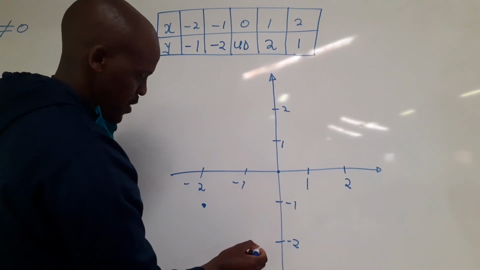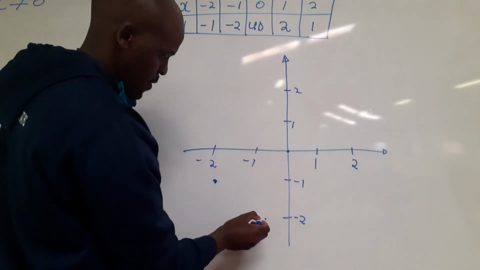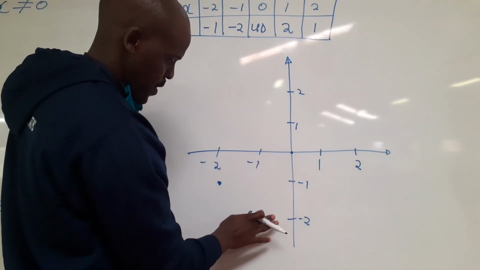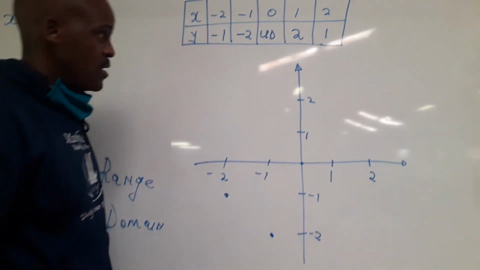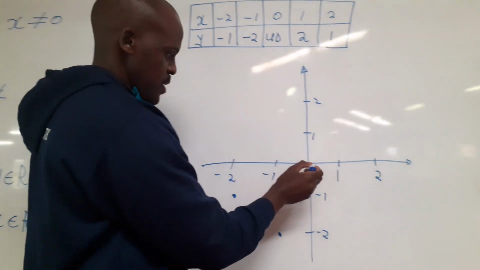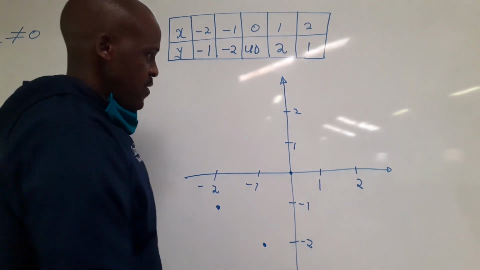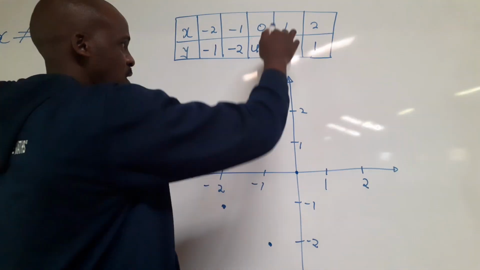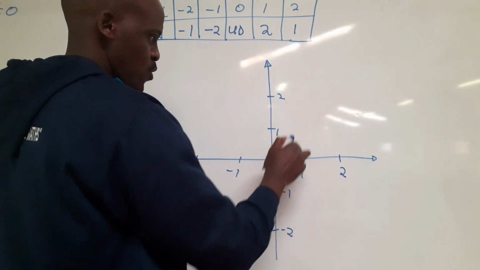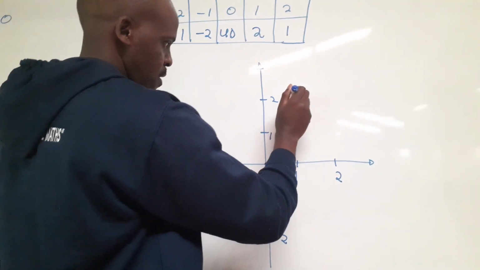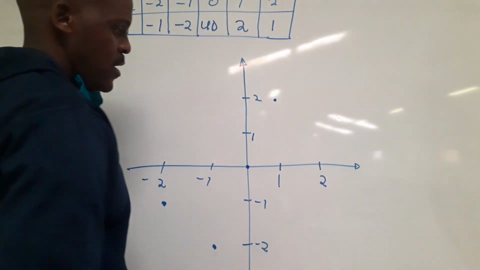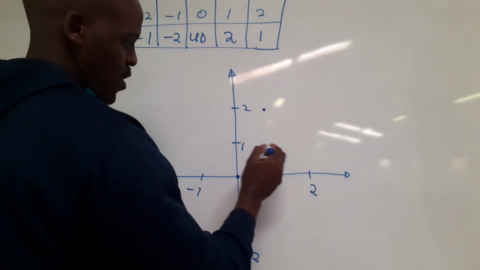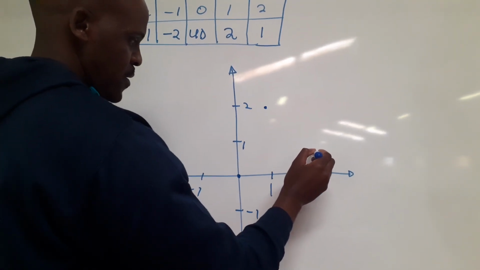That point that is there. If x is equal to 0, this is undefined. If x is equal to 1, y is equal to positive 2. It's up there. If x is equal to 2, y is equal to positive 1.